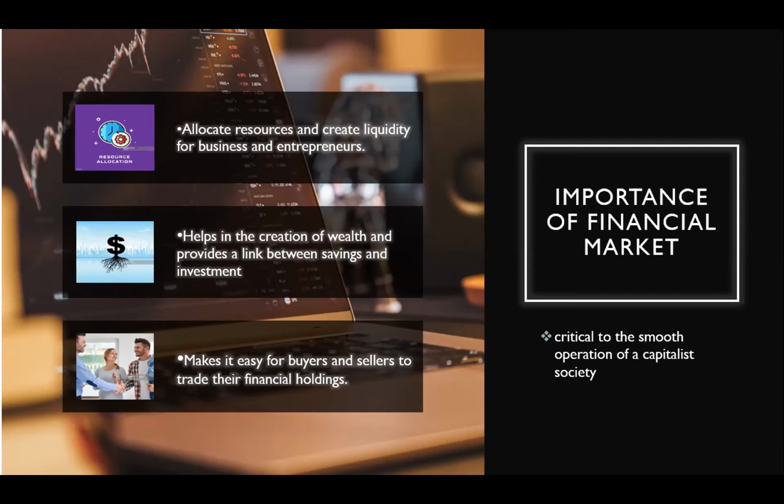So technically, financial markets bridge the gap between those who have an excess of money and those who are in need of money. Moreover, it also provides an opportunity for the public to invest their savings in attractive securities which provide a high return. So it literally has a big impact on the economy as it enables the country to achieve economic growth as capital formation is promoted.